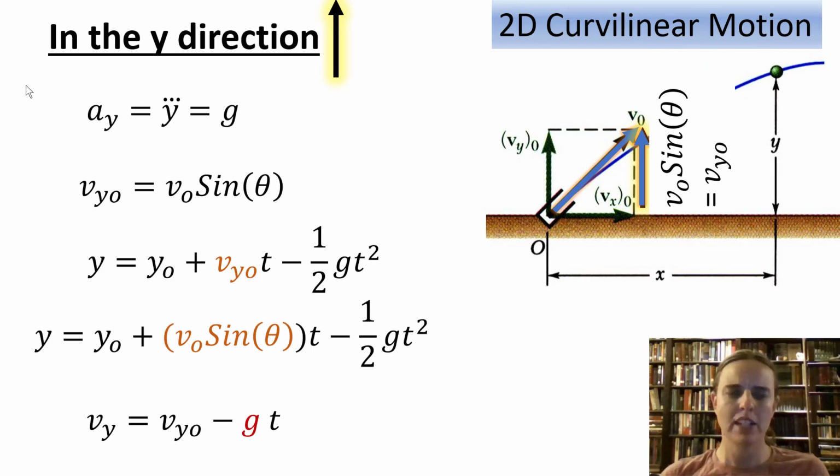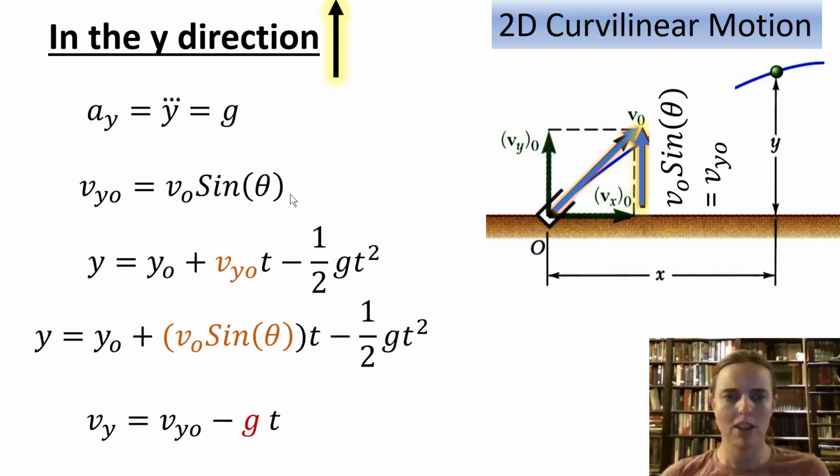For the y direction, there is a force going on. We've got gravity, and that's what we're going to plug in for our acceleration in the y direction. That means our starting velocity in the y direction is going to be changing. We start out with just that v naught sine theta, and that will change through the course of the problem.